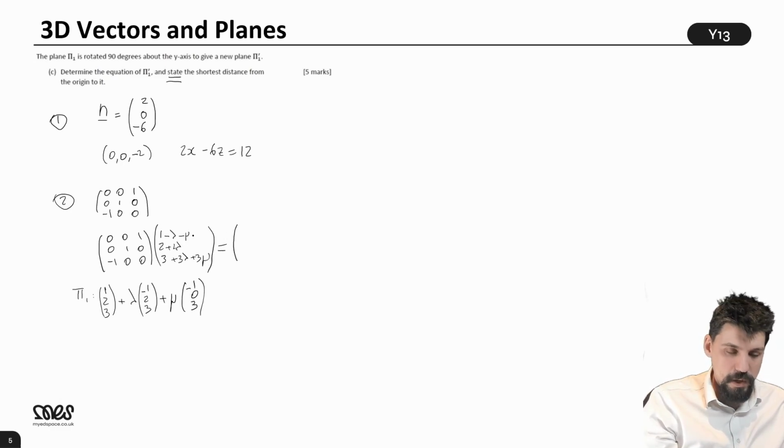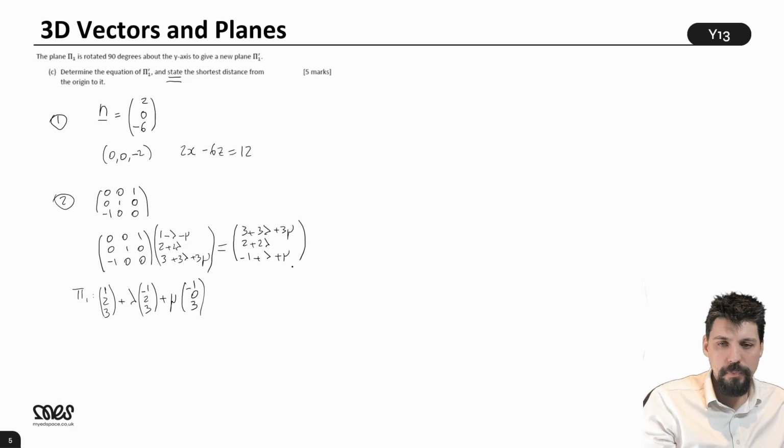I end up with 3 plus 3 lambda plus 3 mu. Second line, I'm just going to get the 2 plus 2 lambda. And the third line, I'm going to get minus 1 plus lambda plus mu.